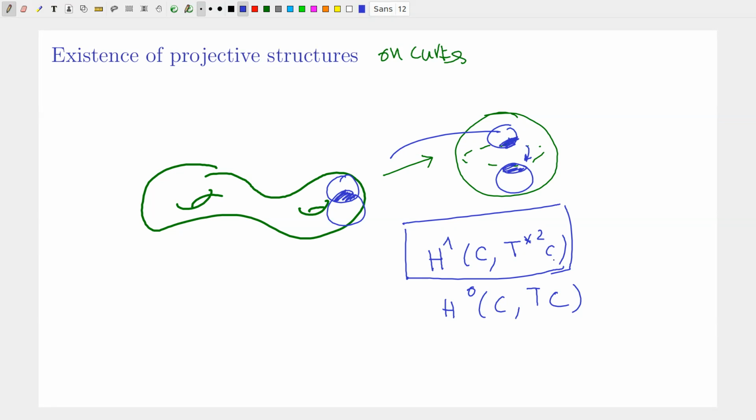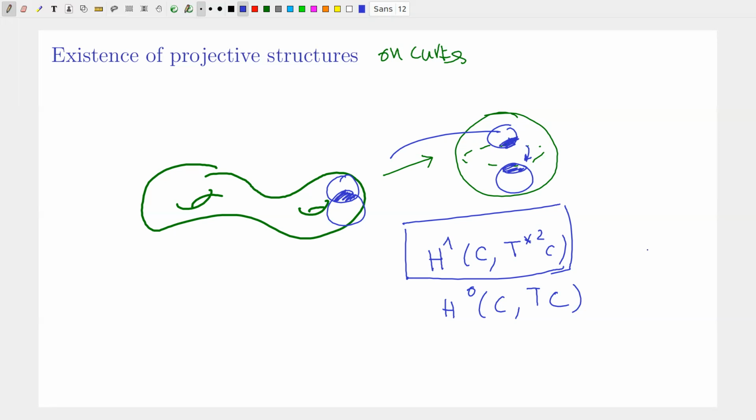Okay, so in particular, since by Serre duality this is equal to the H0, the space of holomorphic vector fields, this gives a less complicated proof of the fact that every higher genus curve admits a projective structure.